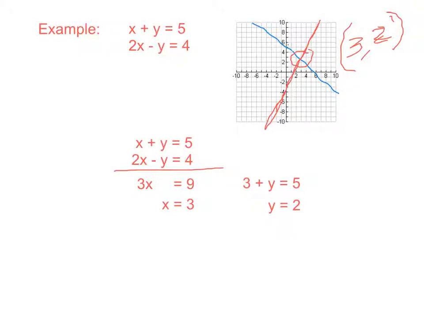So notice I've got x equals 3, y equals 2, which is the same value we got when we graphed the two equations. So this is known as solving a system by elimination. So we have solving by graphing, which is obvious, and now we could also solve by elimination.